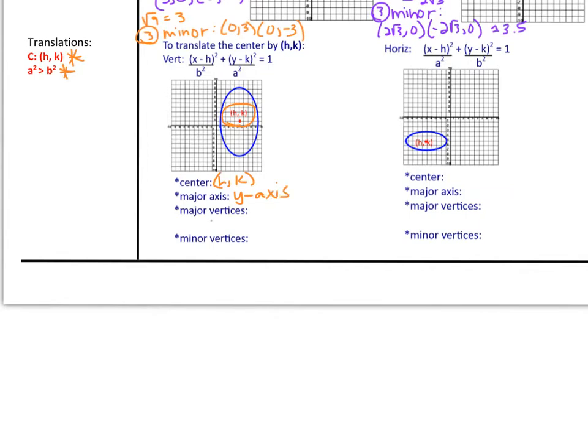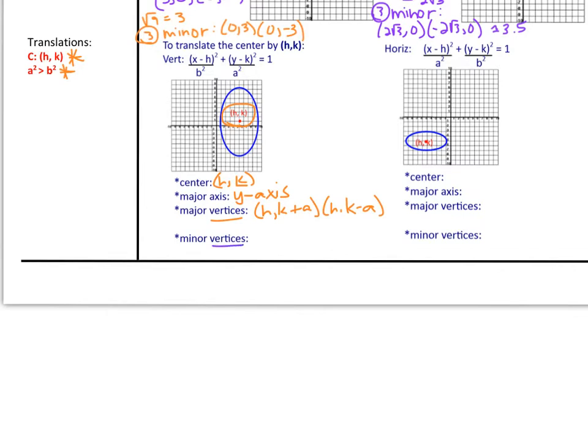For our major vertices, we're going to count up and down a units, which is the square root of a squared, just like we did before. But now we start from that k location. So it's going to look like this: h, k plus a, and h, k minus a. So again, we're still counting up and down a units from our center. Our center's just a new location.